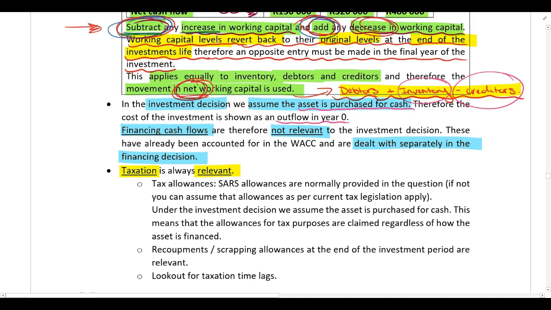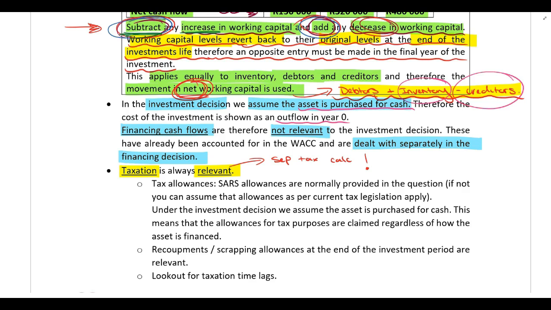So you are going to include all of your cash flows in your table, and you then need to perform a separate tax calculation. So I always recommend performing a separate tax calculation. And when you are performing that calculation, if you have an asset that's been purchased or a machine that was purchased, you need to consider the SARS allowances in terms of writing off that machine, so the capital allowances or the wear and tear.